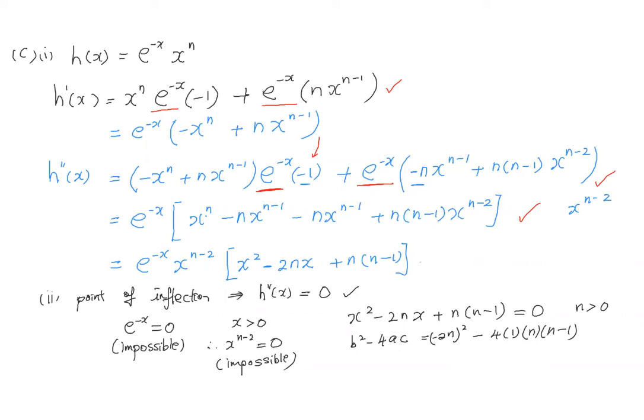Okay, so 4n squared minus 4n(n minus 1). So this is 4n squared minus 4n squared plus 4n. So 4n is greater than 0. So therefore shown.